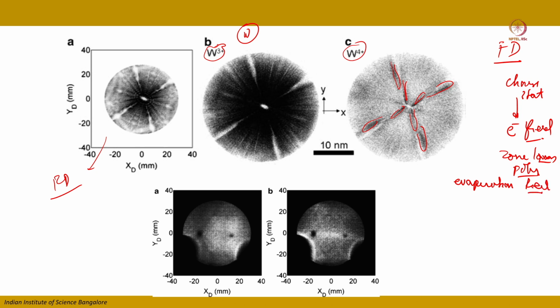Similarly, this is the case of magnesium. This is Mg+ and this is Mg2+. You can see that in between these poles there is a bright region appearing.